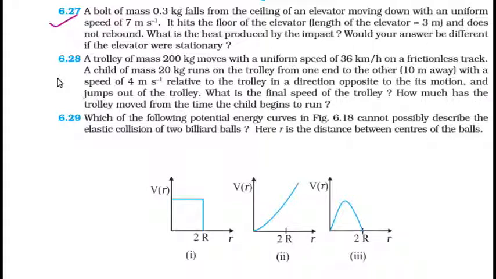Let us see the next problem, that is 6.28. A trolley of mass 200 kg moves with a uniform speed of 36 km per hour on a frictionless track.